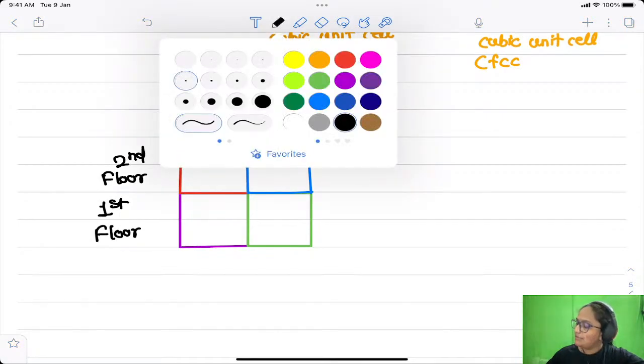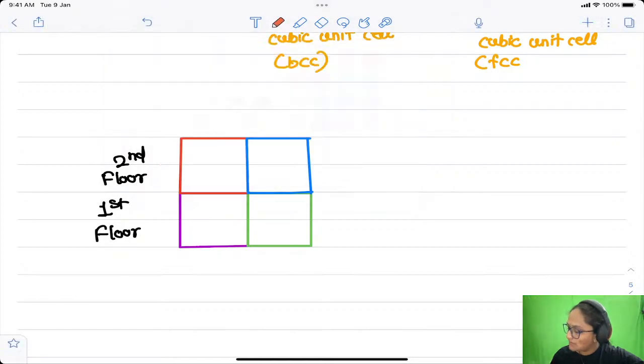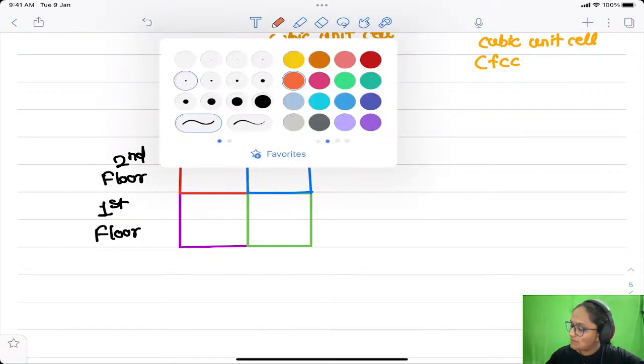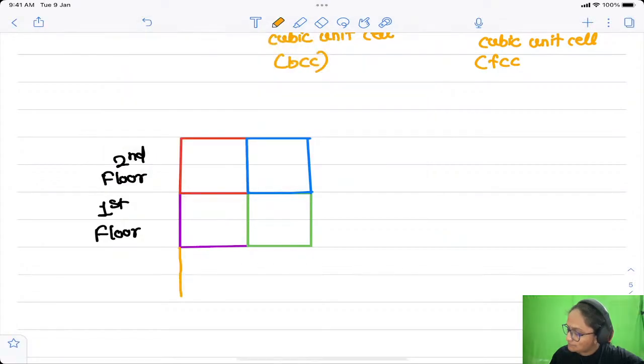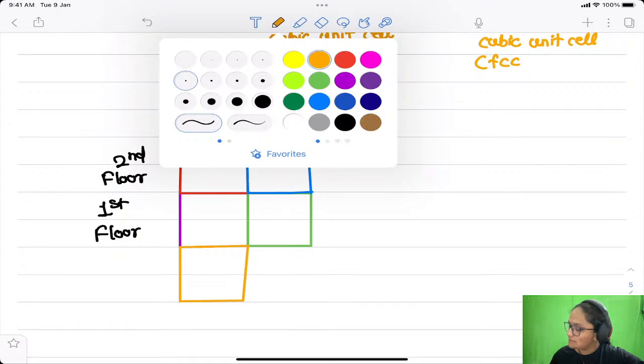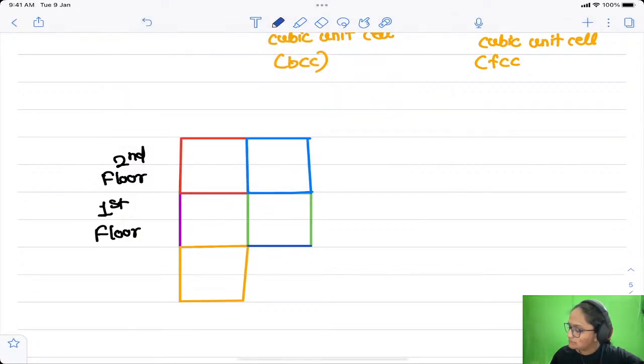There are people living on the ground floor also. So this is nothing but the ground floor.